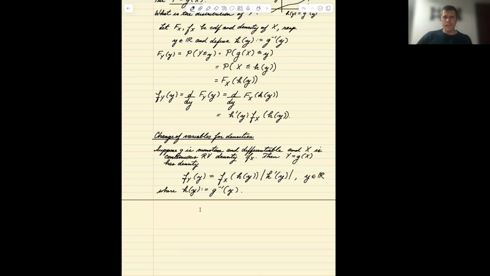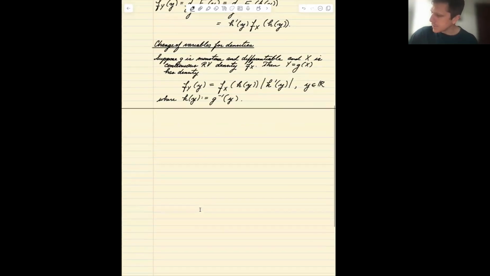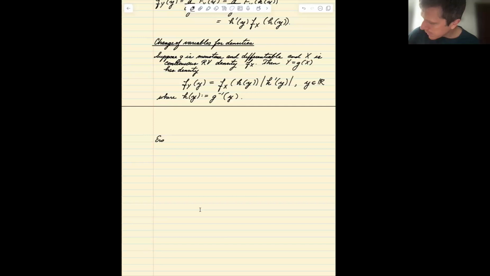Let's work out a couple of examples to see how we can apply this. Okay, first example is what's called a location scale transformation.